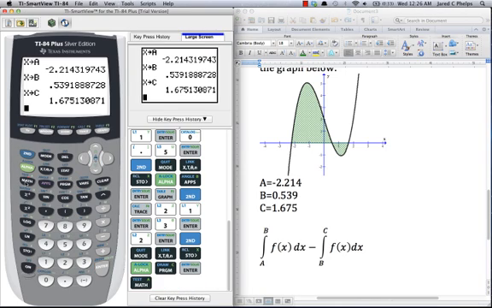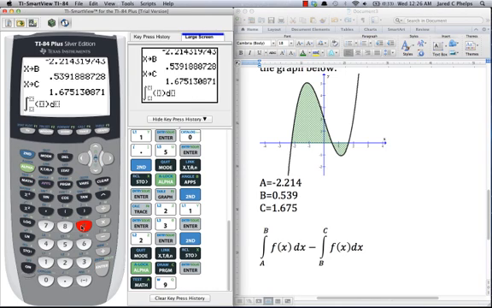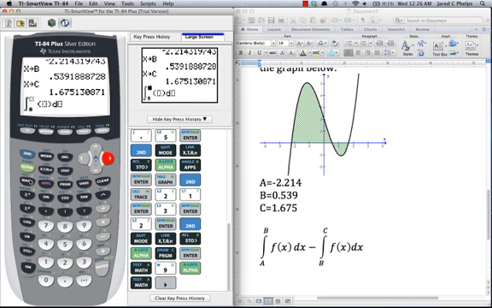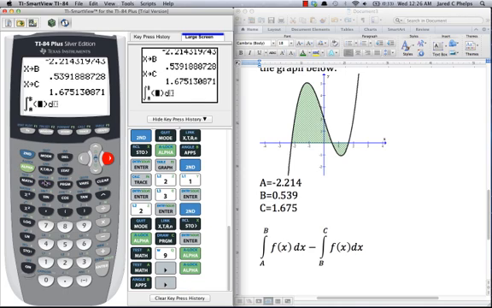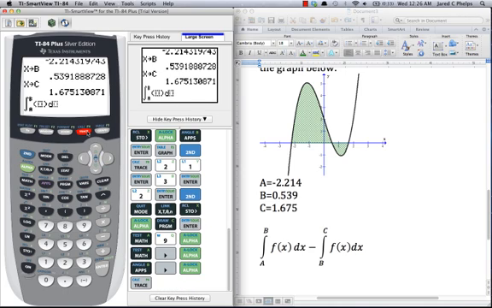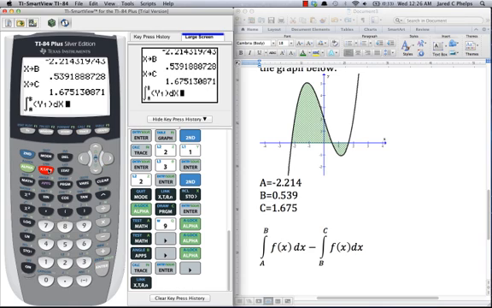I'm going to do math 9 for the integral. I've got an A and a B, and then I'll do alpha F4, pick Y1, dx, and then I'm going to do minus.